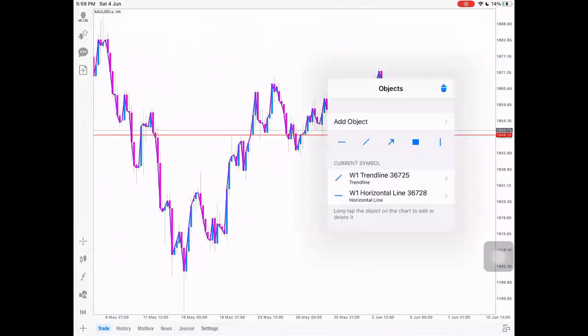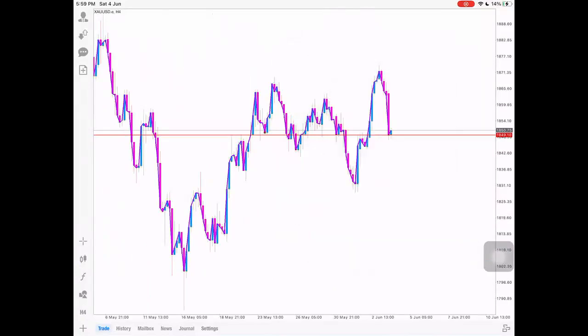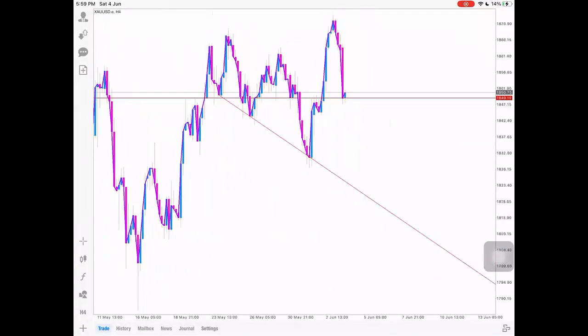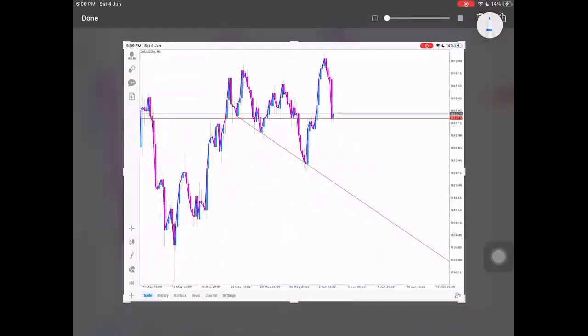This guy appeared. Ta-da! Meaning that a reversal has started because of this trend line. This one is a reversal trend line.